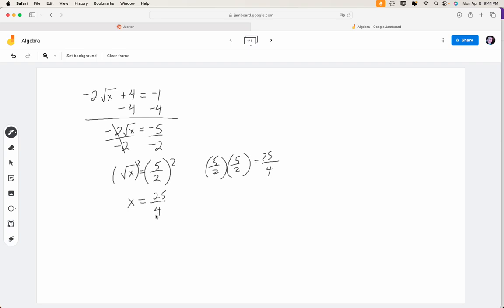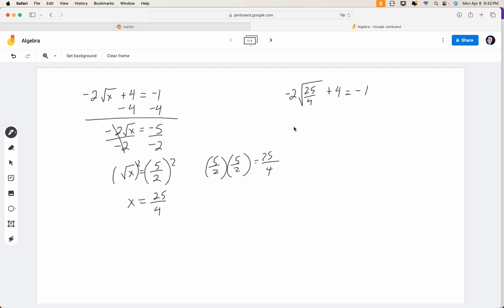Okay, now when you get here, you do want to check your work and make sure that that's the right answer. So we put it back in to the original problem. So negative 2 times the square root of 25 over 4 plus 4 is equal to negative 1. So we're going to check that.